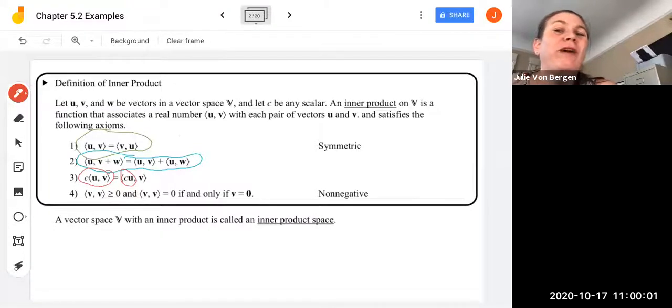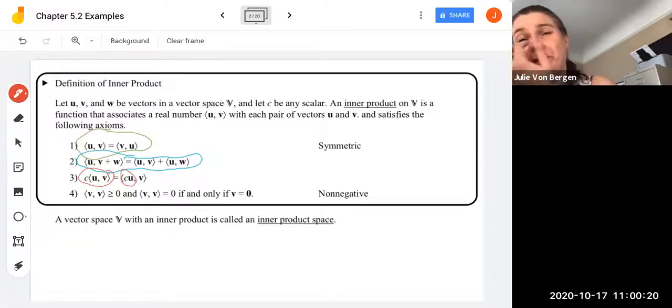Notice it doesn't go quite as far as the dot product. In the dot product, we could have that scalar C multiplied by either part of the inner product, but for the general definition of the inner product, that scalar C is just multiplied by the first vector when you distribute it through, and we'll see that in action in our examples.